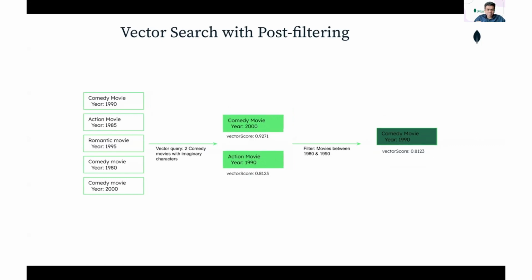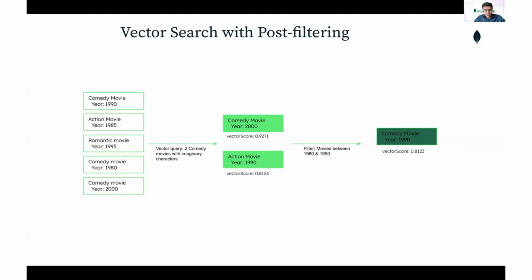This is different from using a post-filter step where your initial query would have been a vector query, which would be: give me all the movies that are comedy and have imaginary characters, and then doing a post-filter step of giving movies between the 1980s and 1990s. In this case, what we see is a different result set from what we got earlier, flipping the order of operations.